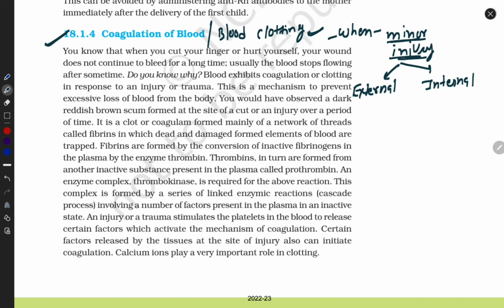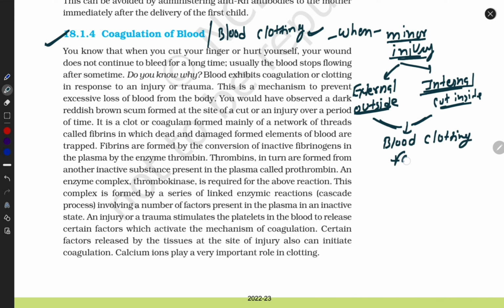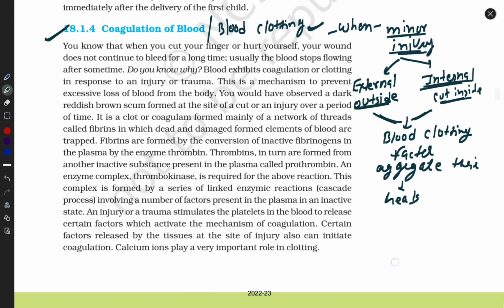Yes, if we get an injury from the outside environment, or an internal injury like a bacterial or virus infection that cuts inside our blood vessels, after either injury, blood clotting factors aggregate there and heal. How they heal, what is the mechanism, we can talk about in detail.